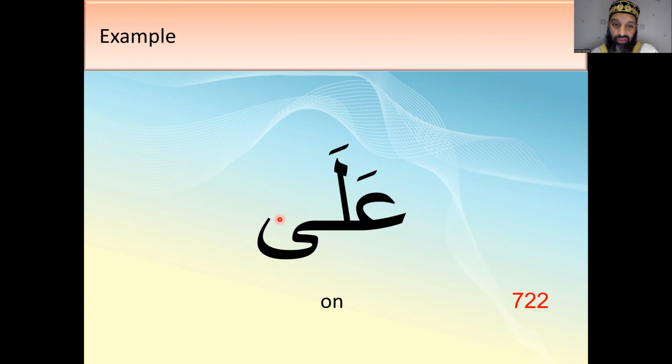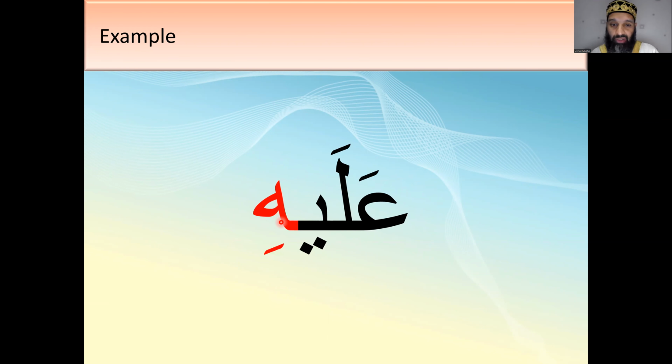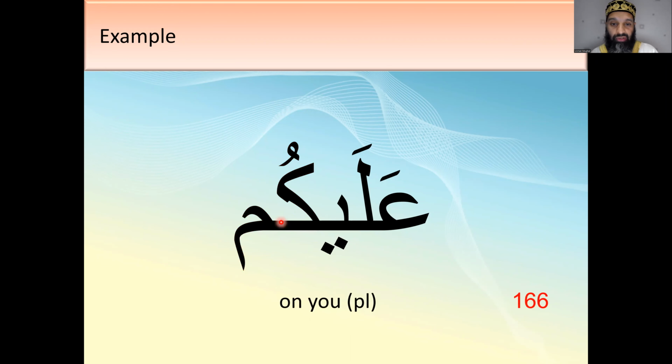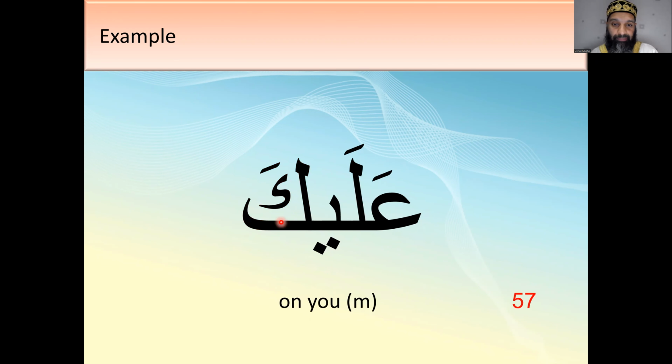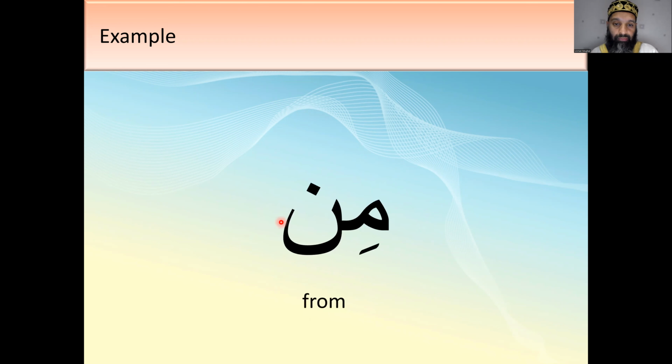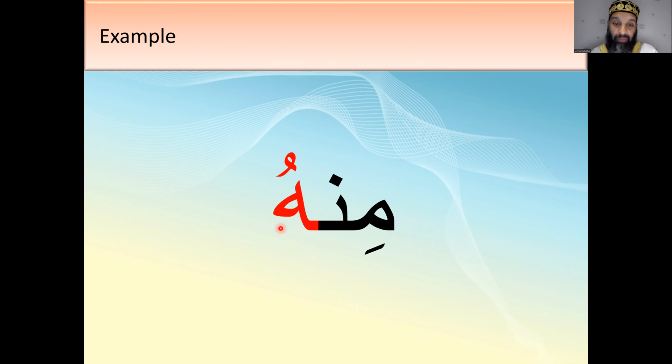Ala means on, so alayhi means on it or on him, depending on what's been talked about. Alayhim, on them. Alaykum, on you all. We did all these. Min means from. So minhu means from him or from it.